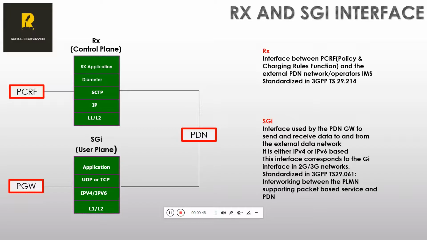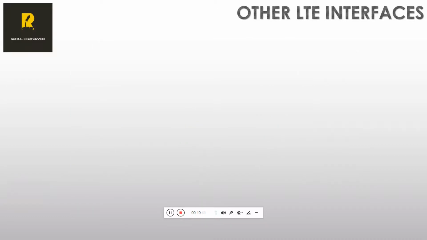So the SGi interface is used by the PDN gateway to send and receive data to or from the external data network. It is either IPv4 or IPv6 based. This interface corresponds to the Gi interface in 2G and 3G, for interworking between the PLMN supporting packet-based service and the PDN.